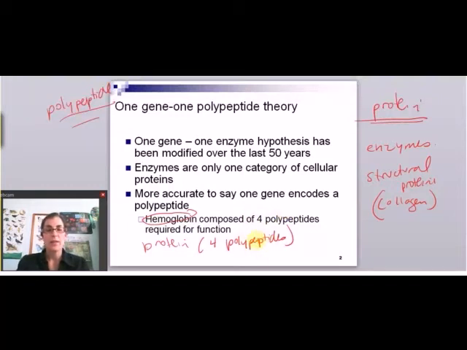Multiple polypeptides will form a functional protein. And there are multiple genes that are used to make hemoglobin. So basically, hemoglobin actually has more than one gene that is read in order to make functional hemoglobin. So that's why we now refer to it as the one gene, one polypeptide theory.